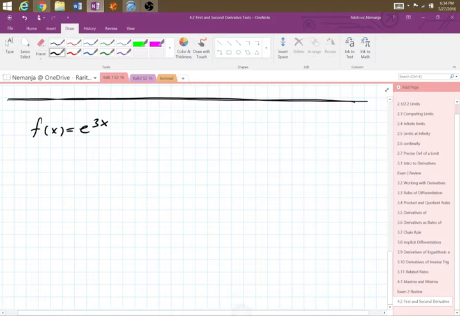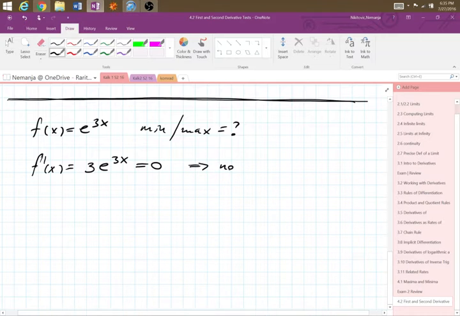And we immediately find the derivative. So let's just write over here min, max, right? So that's what we're looking for. So we find the derivative, 3e to the 3x, and we set that equal to 0, which gives no solution.